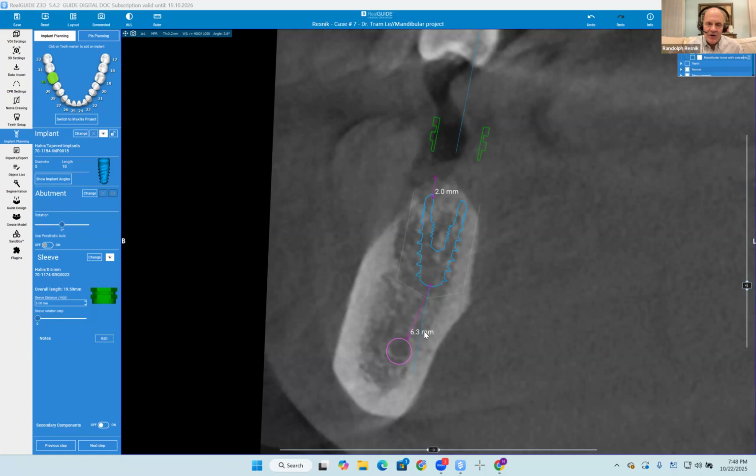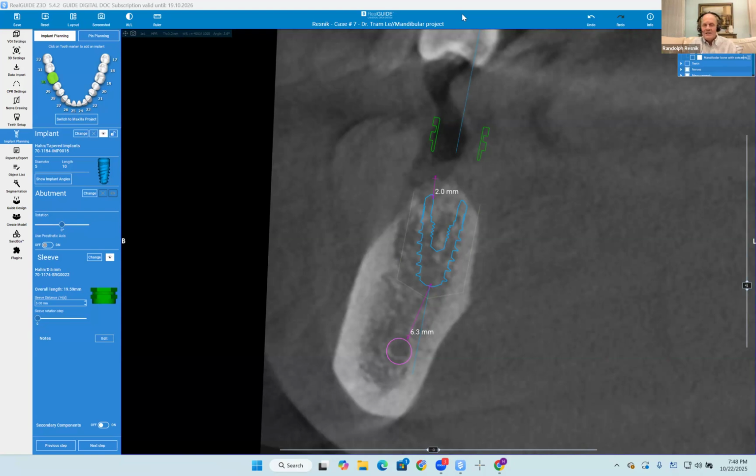What I'm thinking, Doc, is that bone never turned over and you have some soft tissue there. So what I would do is first place the implant, and then if it is soft tissue, curette that out, bone graft it, put a small little membrane over it, and then close it up.